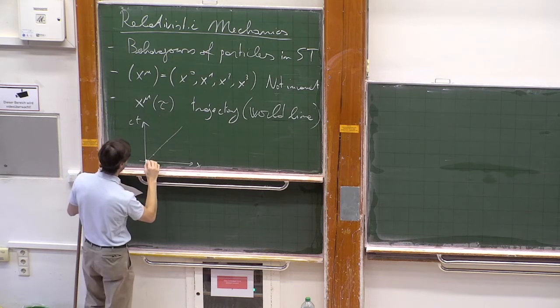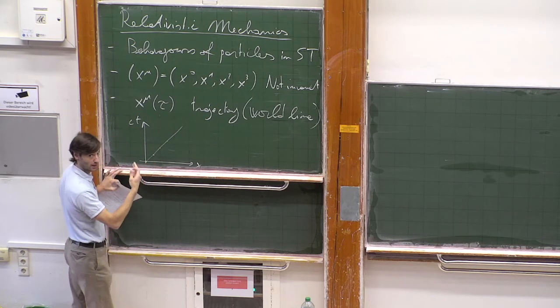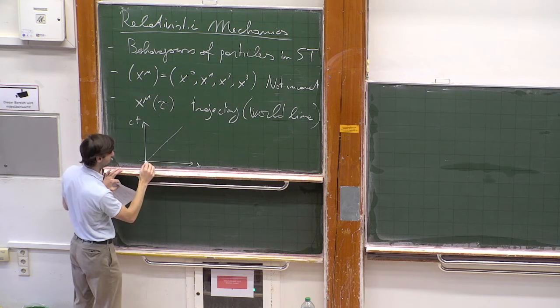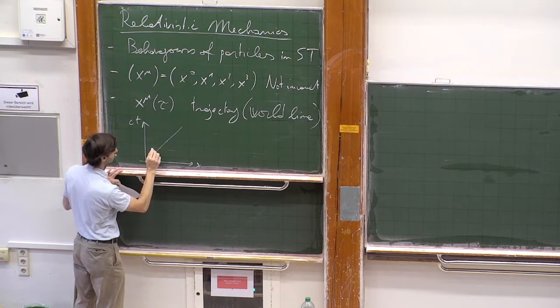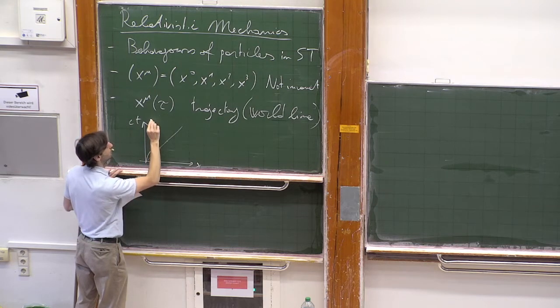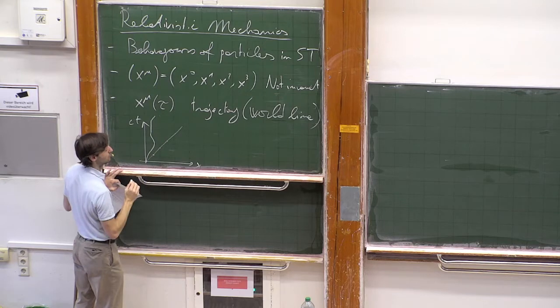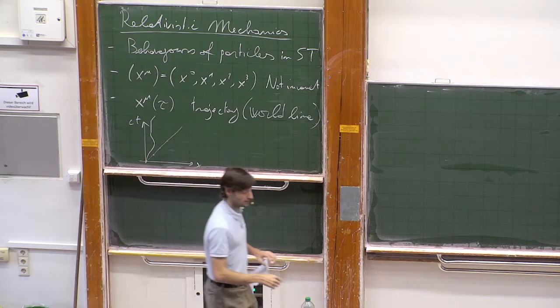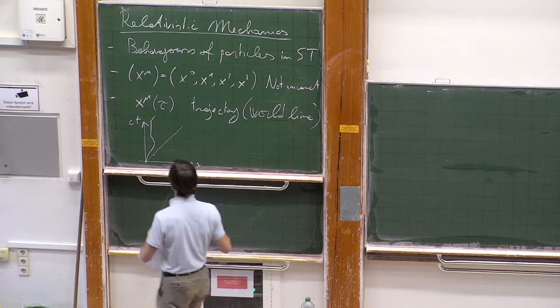If we have a massive particle, it cannot move faster than the speed of light, and then the trajectory can be of this sort. Okay? Here it's not moving, then I'm moving right, and so on. But it cannot be of this sort.